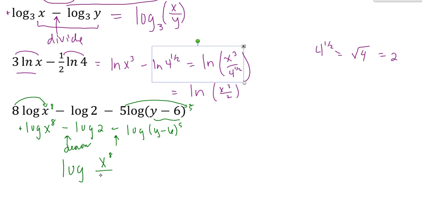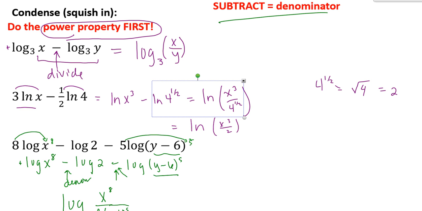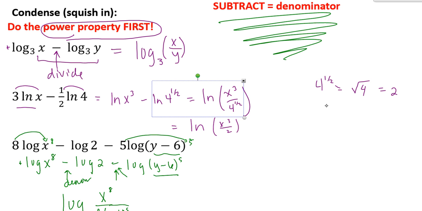So put in my fraction, and I've got a 2. Okay, this one is also minus, so we're going to divide by this thing. And that's it. Anytime it's subtract, it goes in the denominator. Key piece right there. Subtract means denominator.